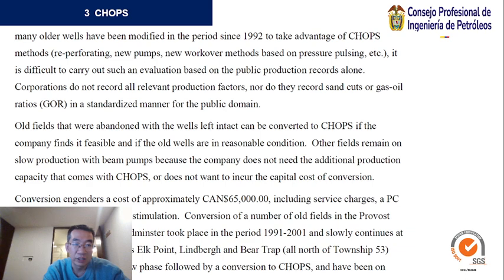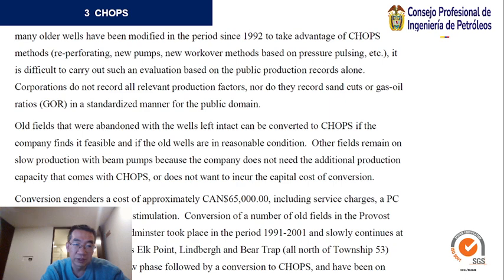Conversion engenders a cost of nearly 65 million, including several charges of PCP and perhaps formation stimulation. Conversion of a number of old fields in the proposed area and to the south of the oil field took place in this period and slowly continues at this time.